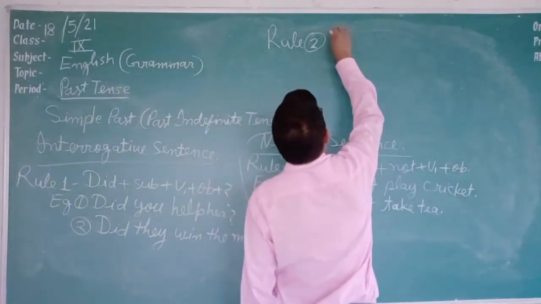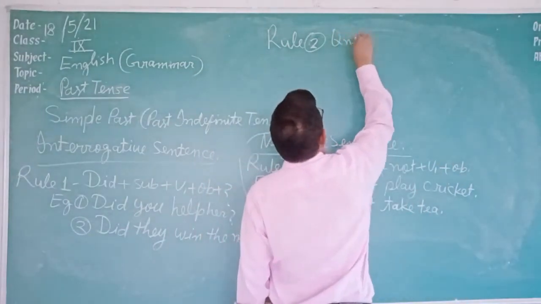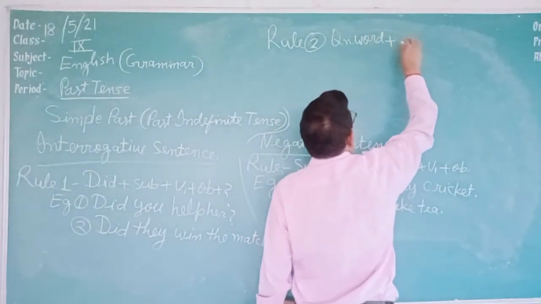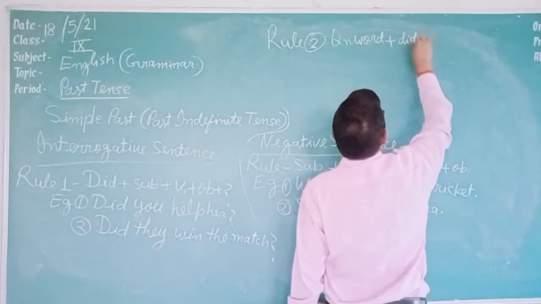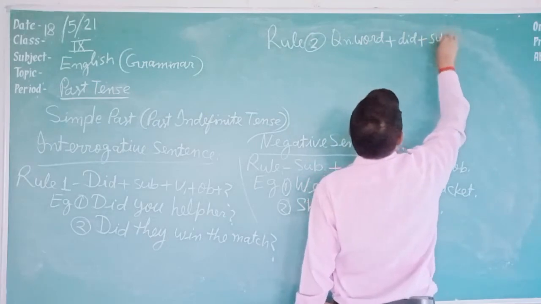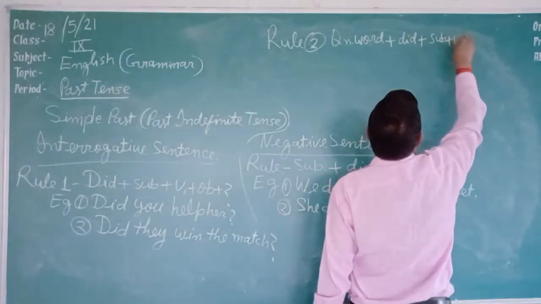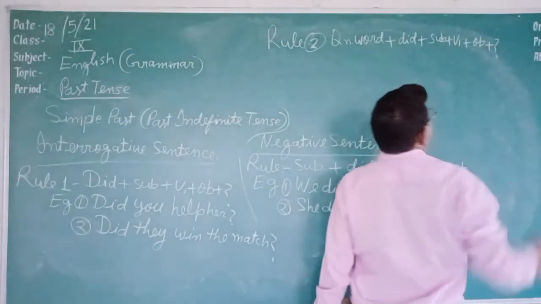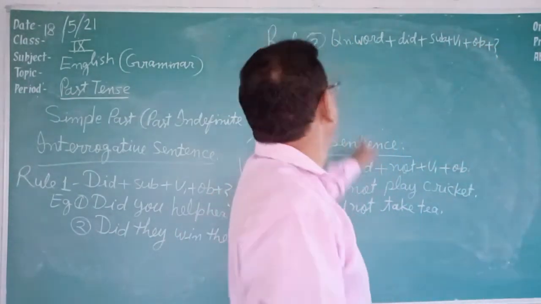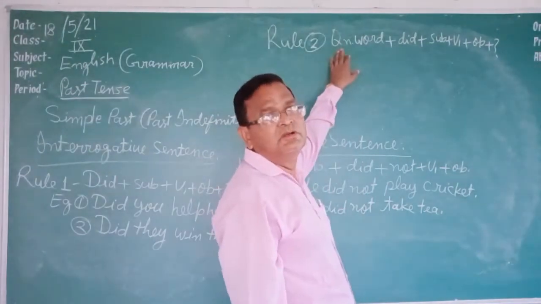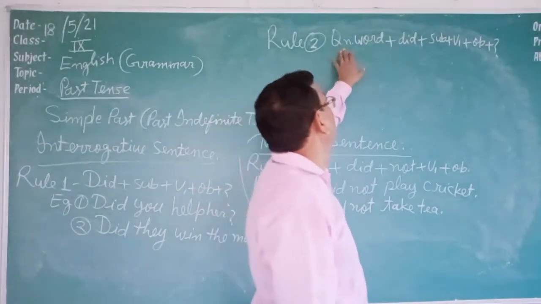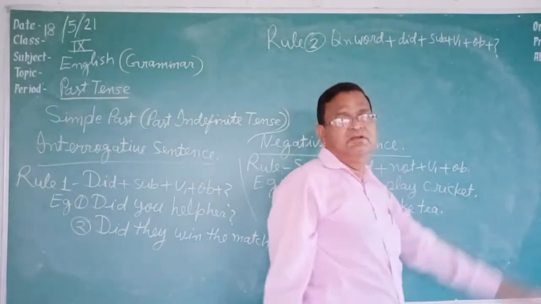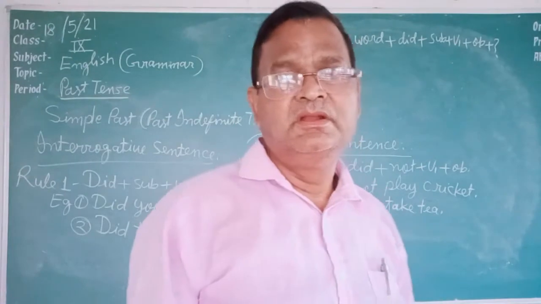First of all, question word plus did plus subject plus verb first part plus object plus question mark. This is the rule. If the sentence starts with question word, first of all question word is written, then did, then subject, then verb first part, then object, then question mark is written.